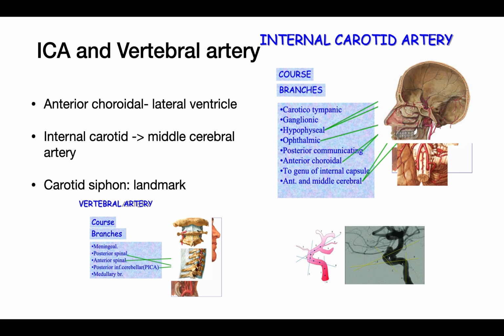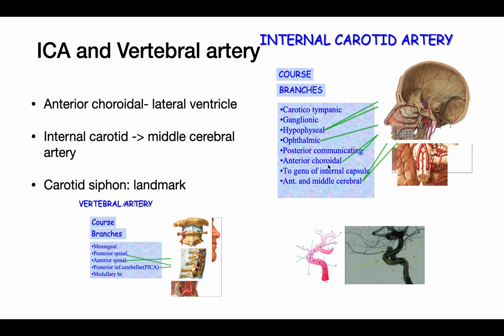The internal carotid artery has a lot of branches. The important ones that you need to know are the ones that supply the ear, the eye, and the posterior communicating and the anterior choroidal arteries.